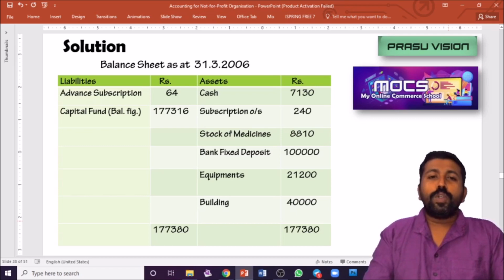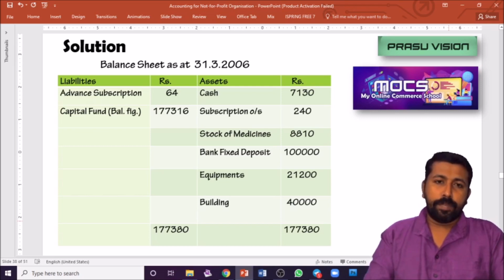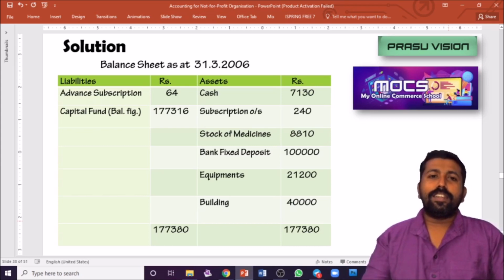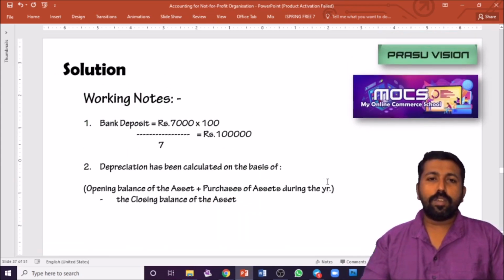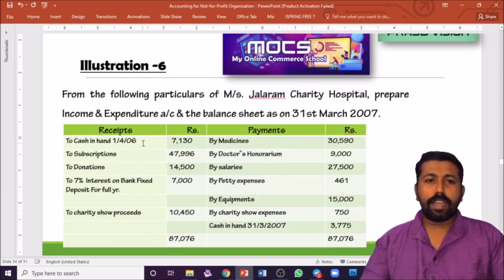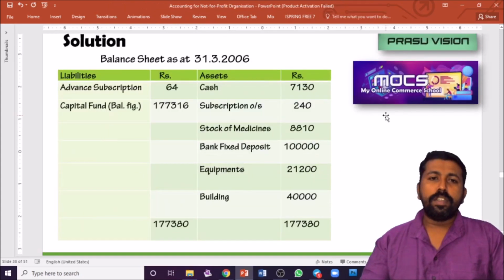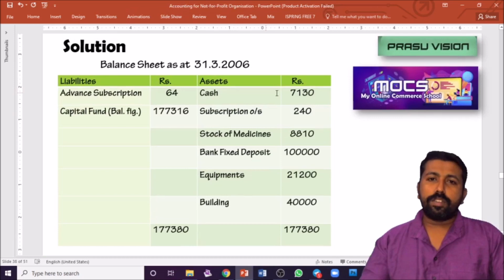So we have to use the information of the first year in the question to find out the capital fund. So all of you please use the cash in hand opening balance in the receipt and payment side. That is noted here, 7,130, isn't it? Just look here. This amount, 7,130, is taken for the calculation of the opening balance sheet. So opening balance noted.